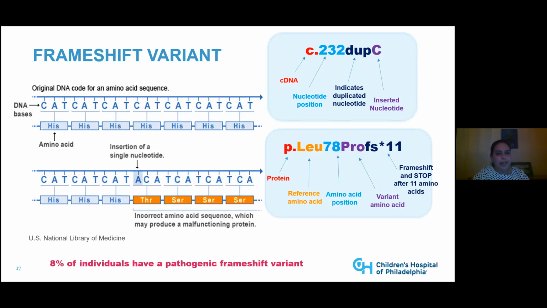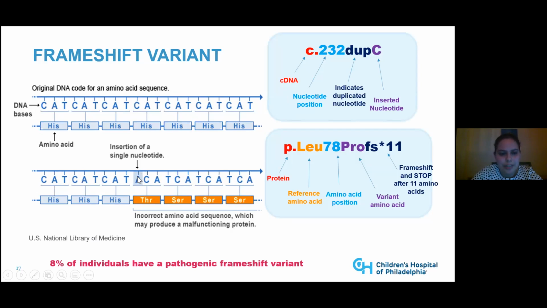And this is a frame shift variant. So this is a little bit more common than what we've talked about on the last slide. About 8% of people with SCN2A have what we call a frame shift variant. And so another type of change that we can have in the genetic code is actually adding an extra letter in there that's not supposed to be there.